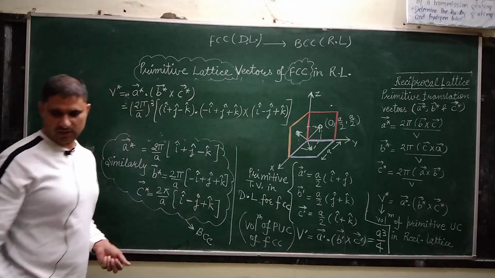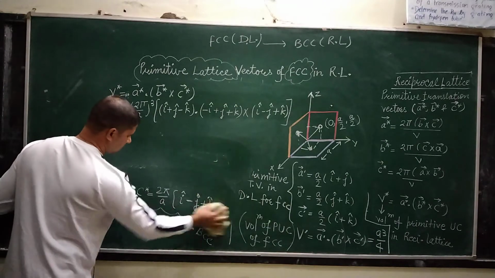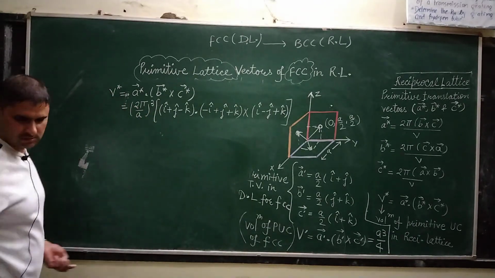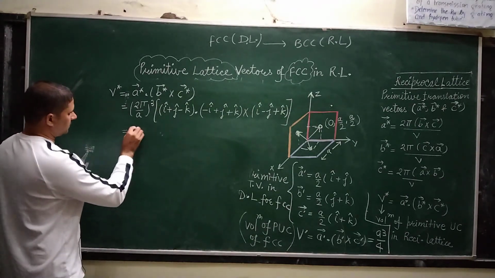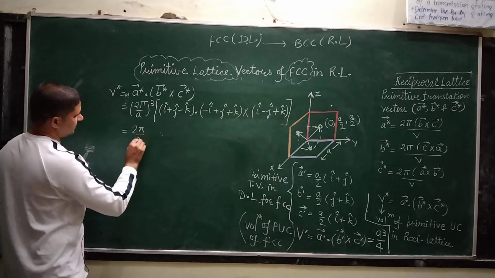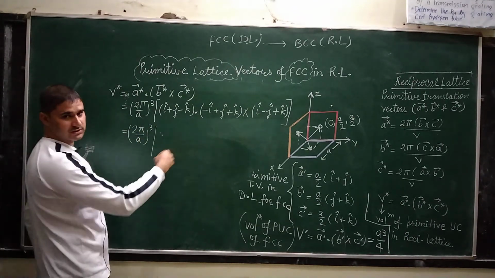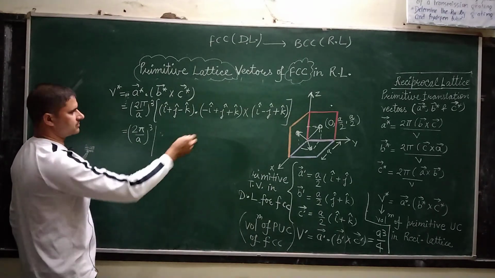So one more simple way to solve this thing is using determinant, which I have not done in the previous lecture for BCC. (2 pi by a) cube, you can simply write the coefficients in the determinant and solve them, then you will get the result of this thing.